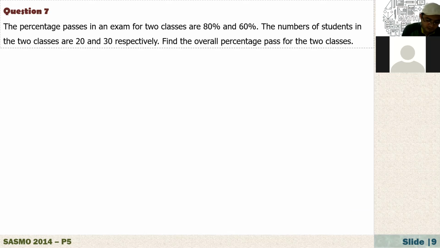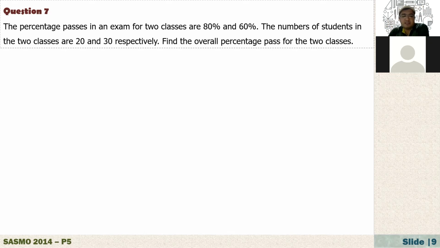Can you read the question and tell us how you did it? The percentage passes in an exam for two classes are 80% and 60%. The numbers of students in the two classes are 20 and 30 respectively. Find the overall percentage pass for the two classes.